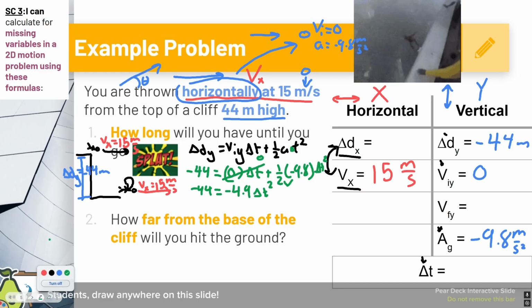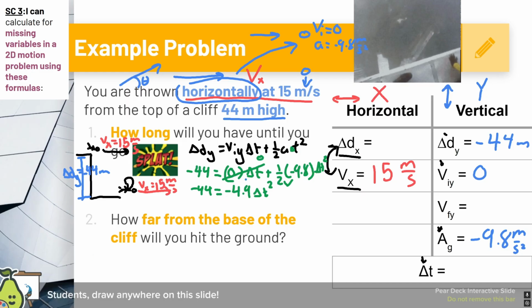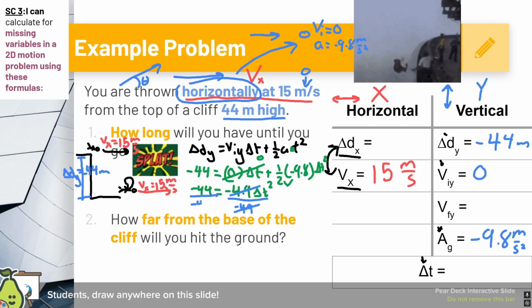From here, the last two steps, because 4.9 is isolated next to t squared, in order to get t squared alone, we got to divide by 4.9 because it is being multiplied. 4.9 times t squared, to cancel it out, we got to divide.